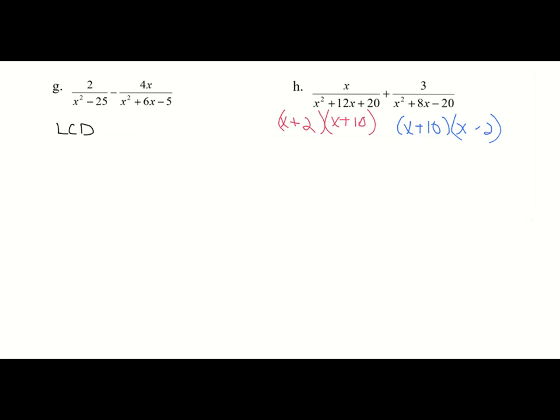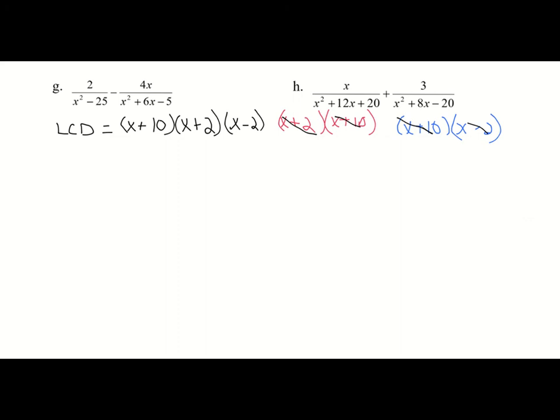all right, I need to look at my unique factors. Both problems have an x plus 10, so I know I'm going to use that. This is another unique factor of x plus 2. We don't want to leave anything out. And then x minus 2. So again, we have those 3 factors in our LCD.